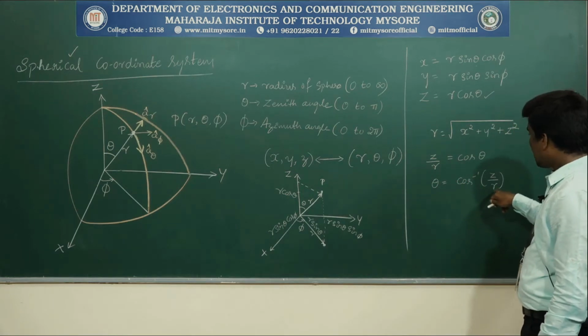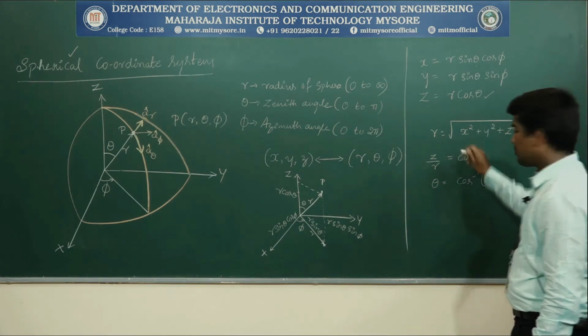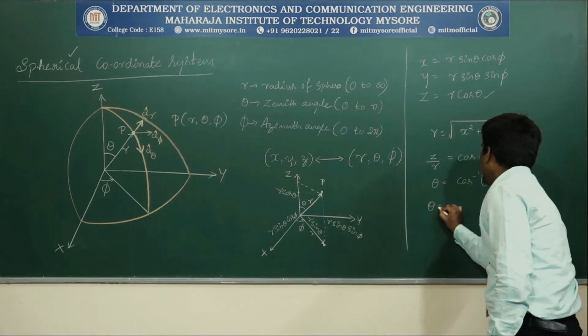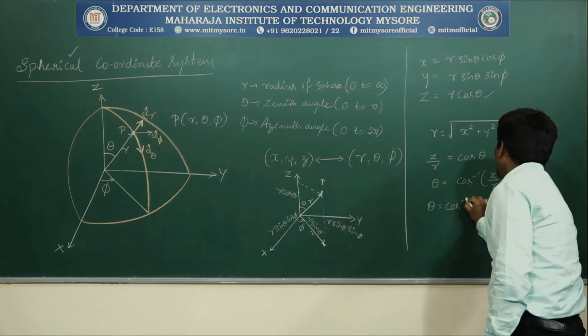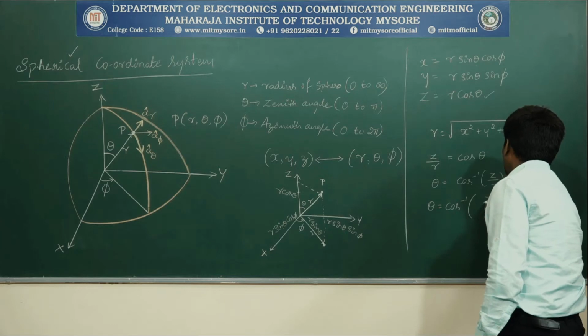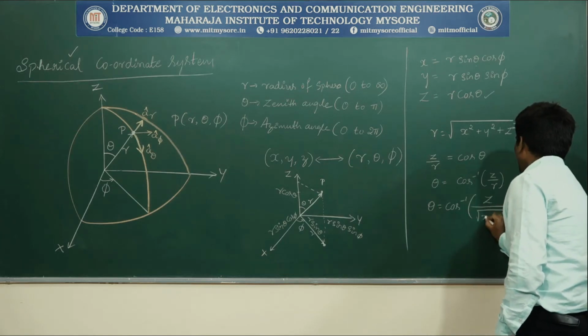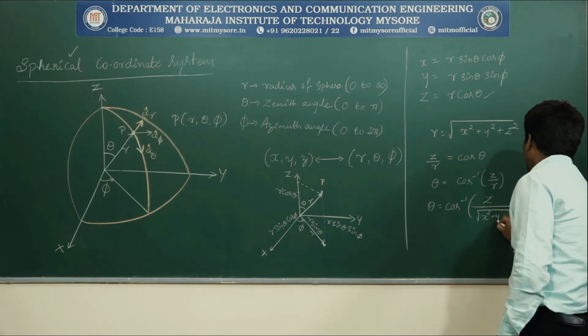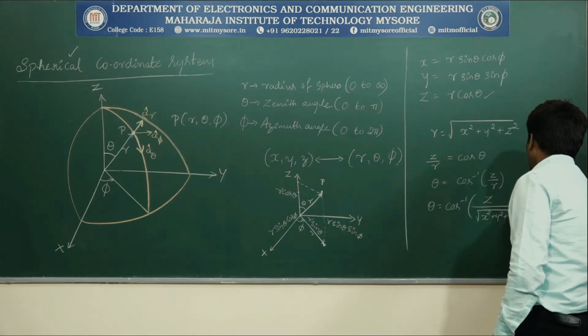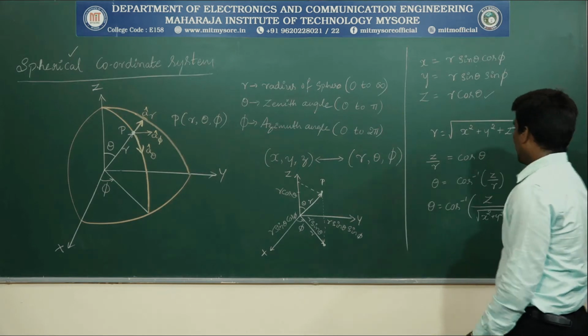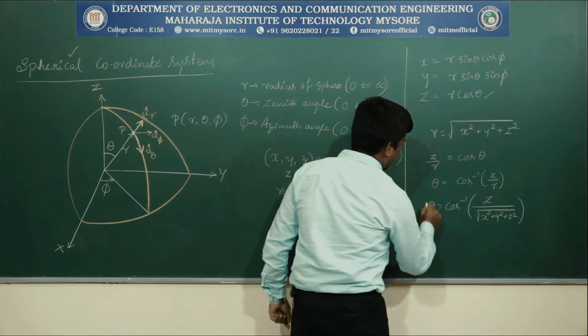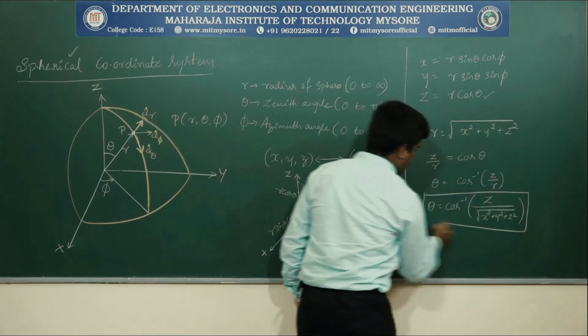So replace this r by this equation. Therefore theta is equal to cos inverse of z divided by square root of x square plus y square plus z square. Got it?